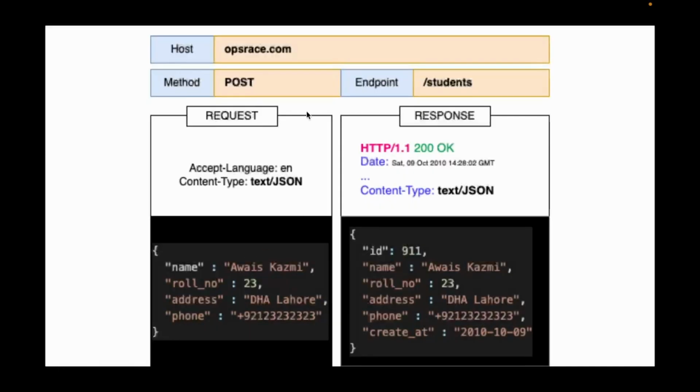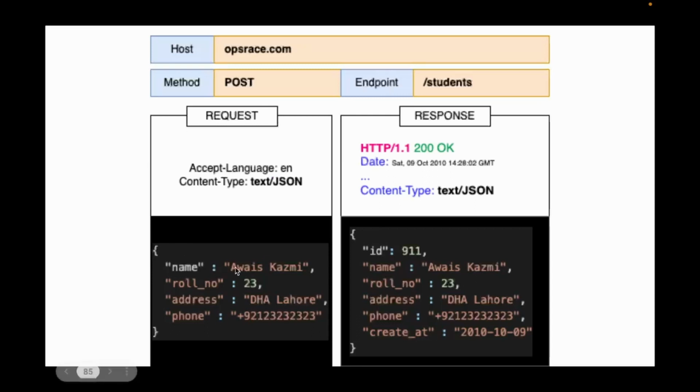Okay, again we'll look at this example of our HTTP request and response. So Opsrace is our host name. The method we are going to use is post, and the endpoint we want to hit is students. Here I'm sending some information in the request packets. I'm saying that I'm accepting English language. The content that I'm sending you is text/JSON.